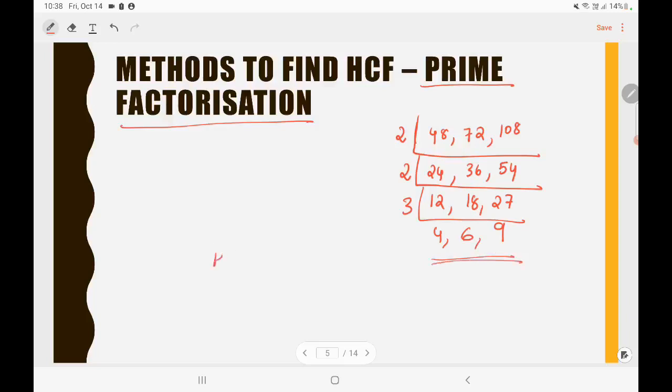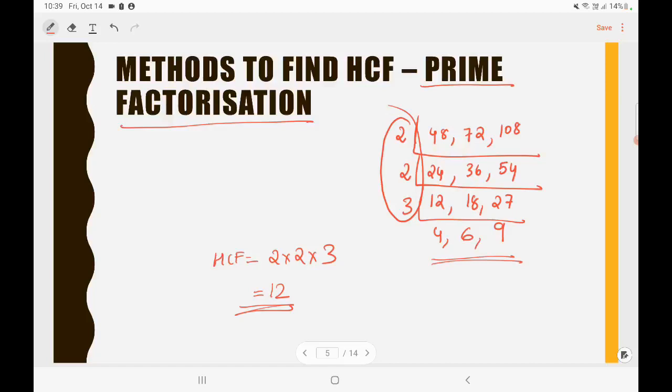Then the HCF will be equal to the product of all the numbers that you got here. That means 2 into 2 into 3. 2 into 2 is 4, 4 into 3 is 12. So you got HCF as 12. So in all our methods, that is the long division method, the repetitive subtraction method, and the prime factorization method, we got HCF as 12.